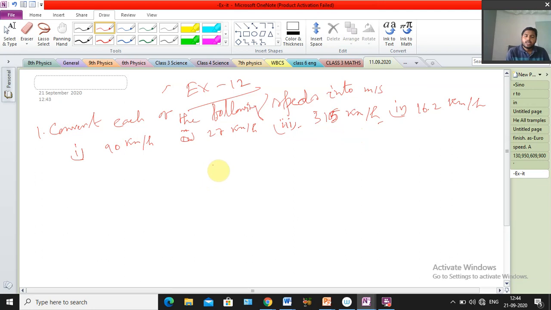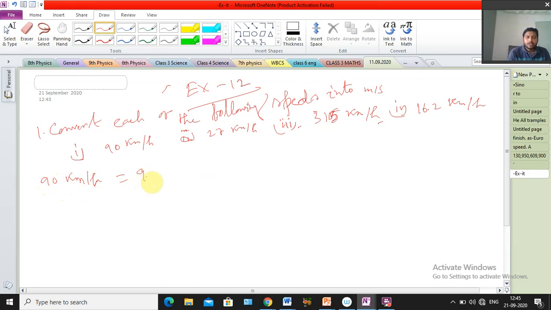Here all units of speed are given in kilometer per hour, but we have to find meter per second. Clear? So what to do here? For 90 km per hour, to convert kilometer per hour to meter per second we have to multiply by 5 by 18.